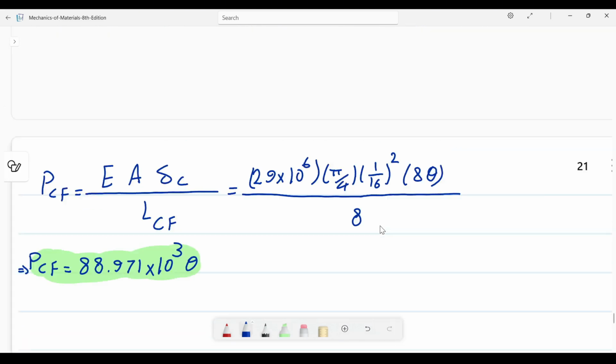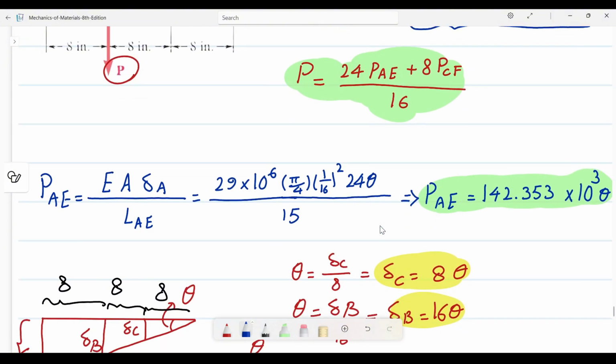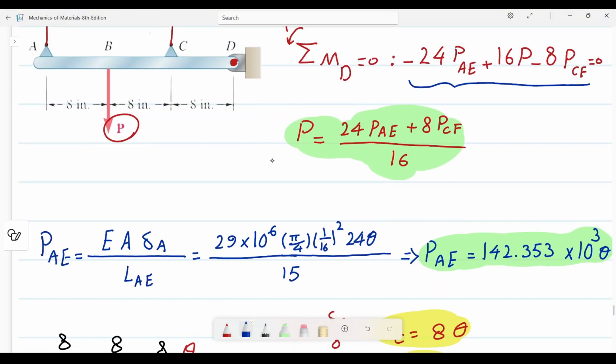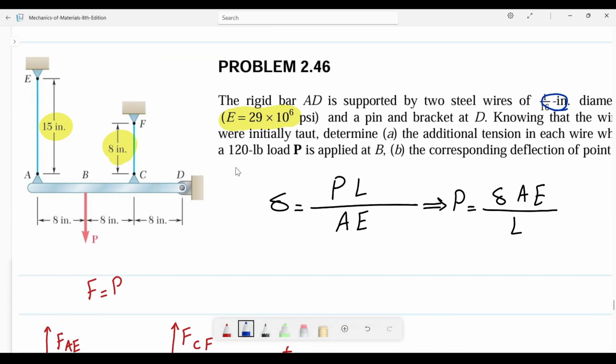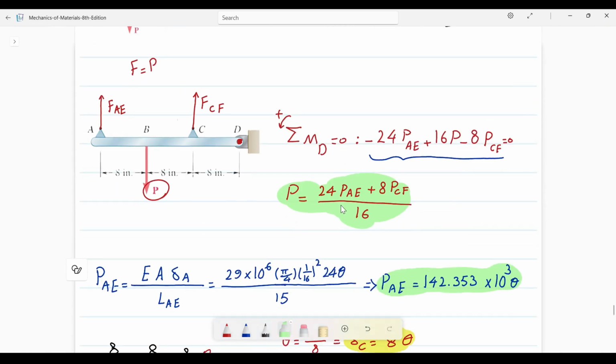According to this equation, we have also P here, and now we want to achieve theta from this equation or that one.